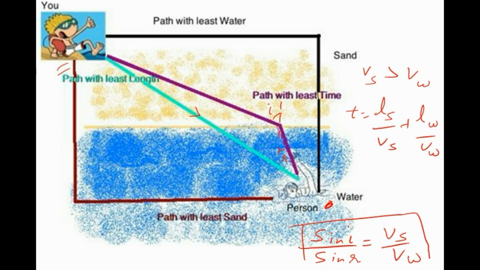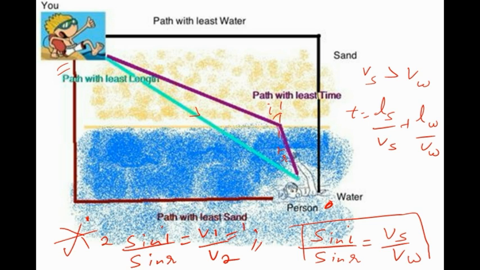You could have given the refractive index in the previous example, that is, when light passes from one medium to another, medium 1, medium 2. Even then, you could have written like this: sin i by sin r is equal to the refractive index, right? And the refractive index here is the velocity of light in medium 1 by the velocity of light in medium 2.